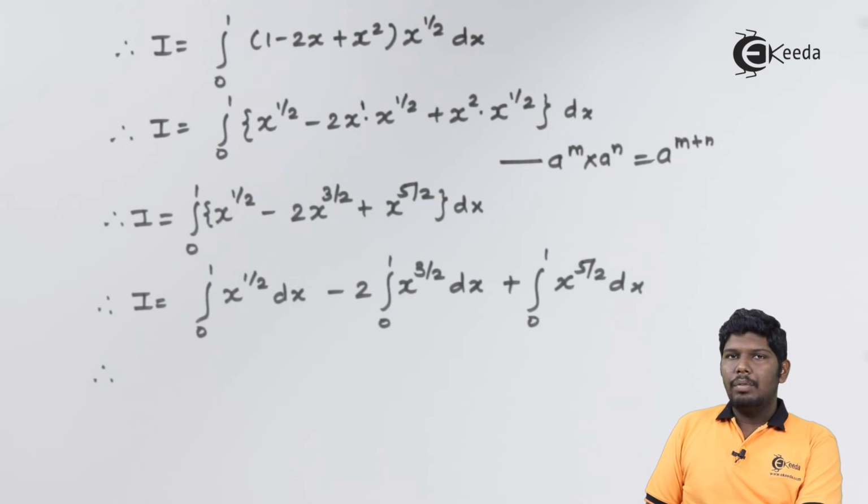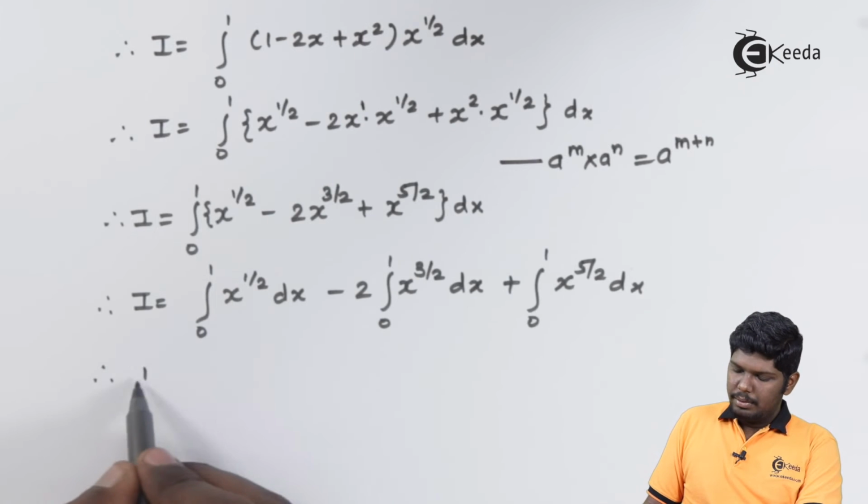Now to integrate each of these term, you can use the formula integral x raised to n, which is x raised to n plus 1 upon n plus 1.